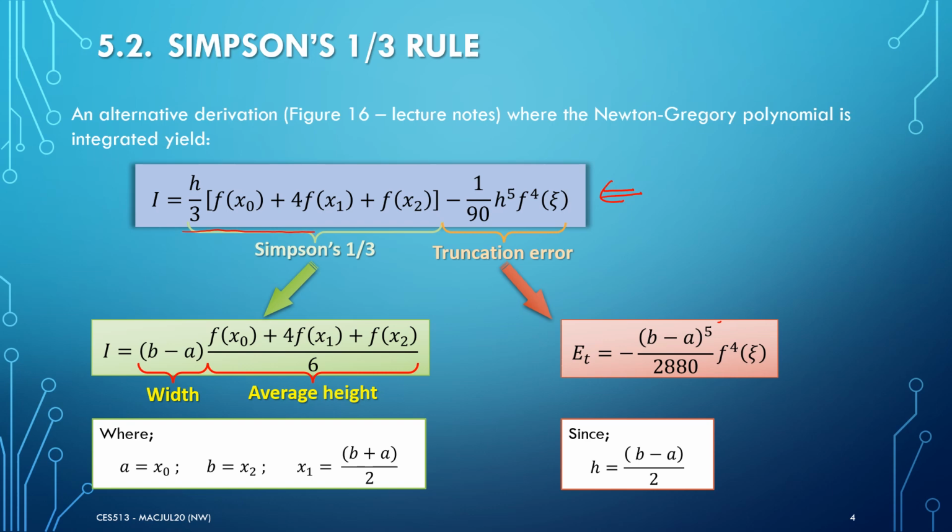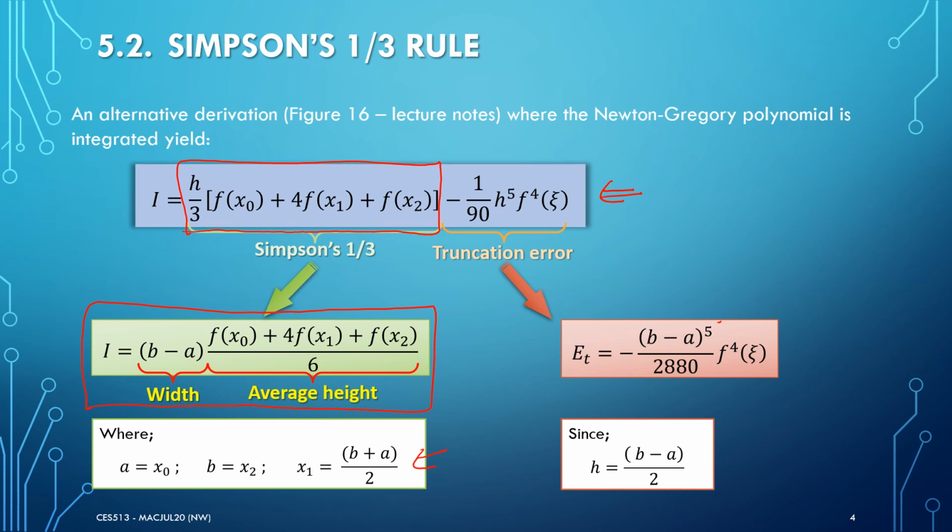So this part of the integral equation is actually the Simpson's one-third rule, which if we substitute the values of a, b and x1 into the equation, we will get this general equation for Simpson's one-third rule.